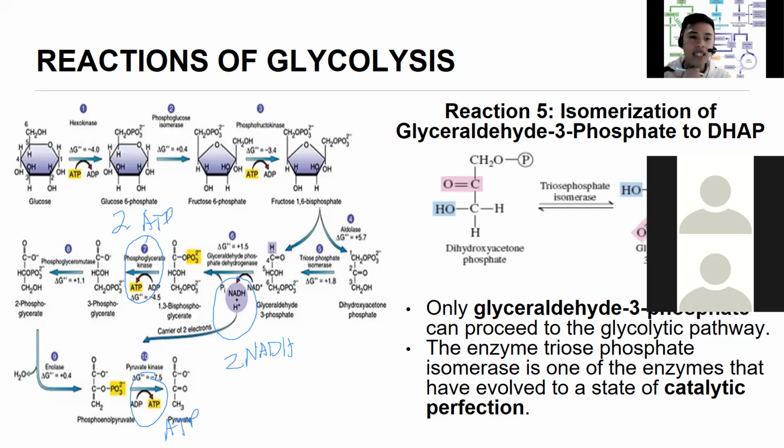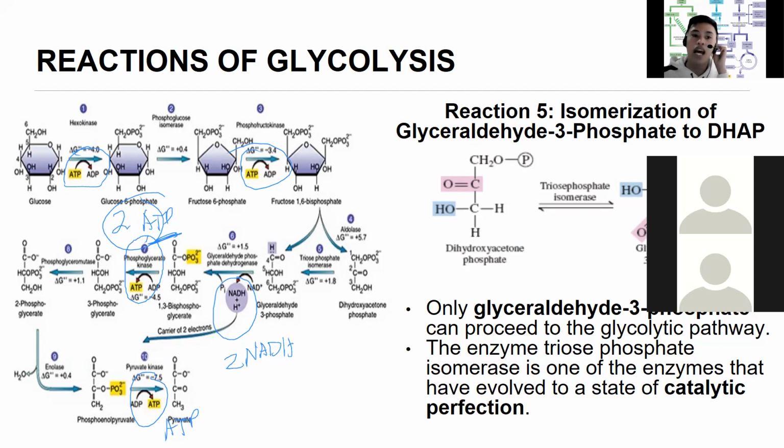So that is why step 7 is known as the payoff step. Why is it known as a payoff step? Because this is the area wherein the 2 ATP that was previously used in stage 1 is being paid back. In other words, this is known as the break-even step.